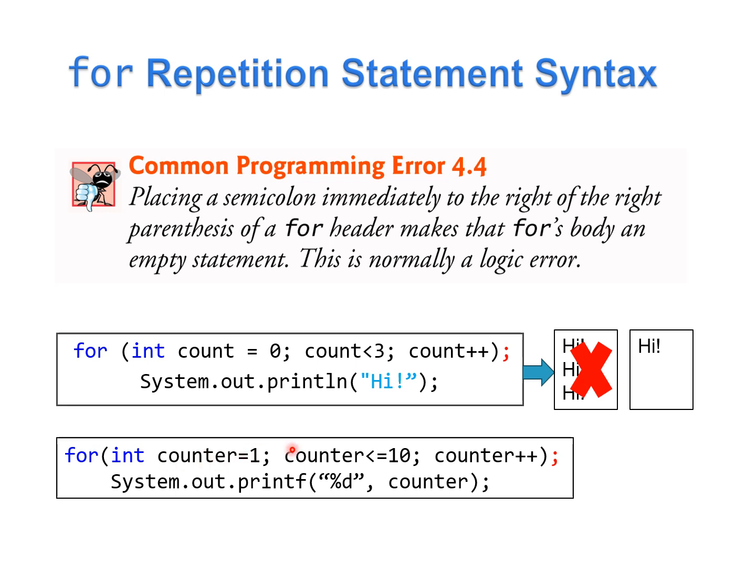If we place a semicolon at the end of the for header, then the statement that prints out counter becomes outside of the for loop. This leads to an out of scope error because it tries to access the variable counter outside of its scope.